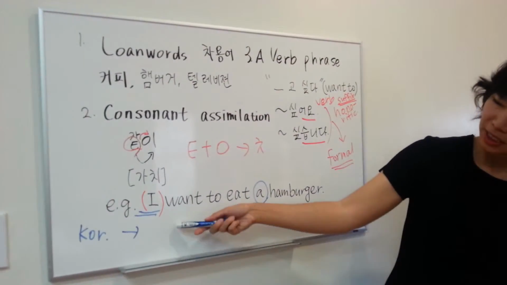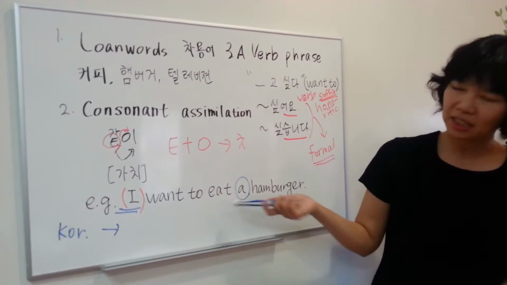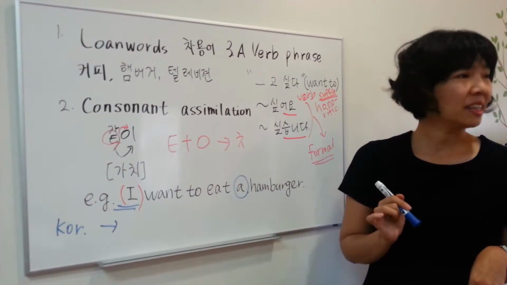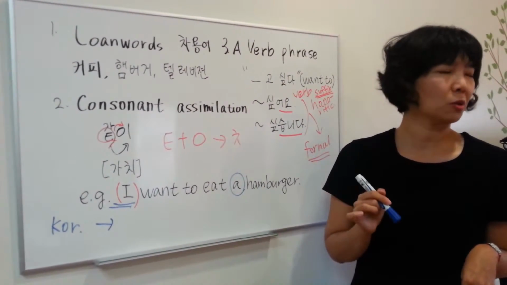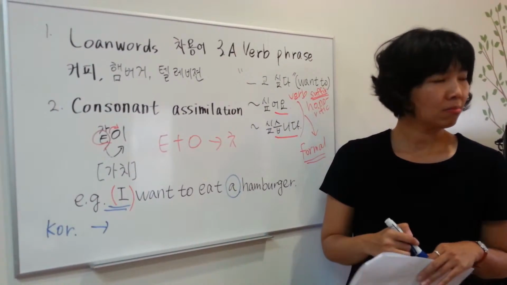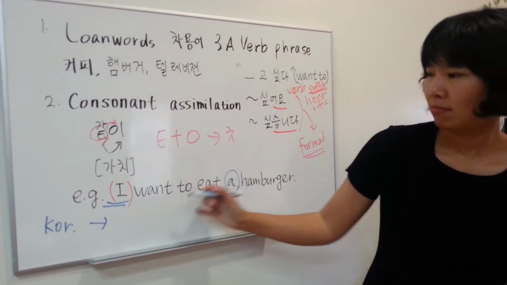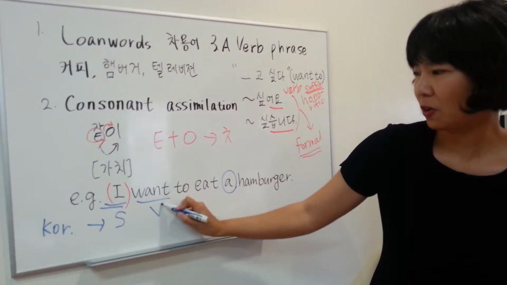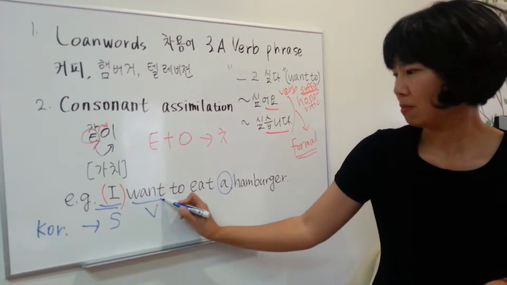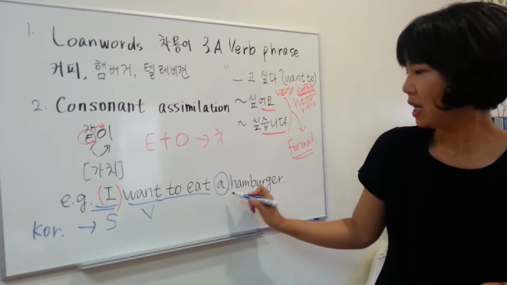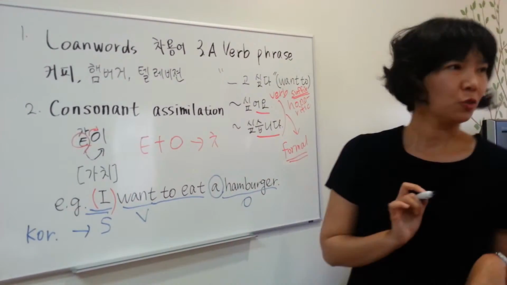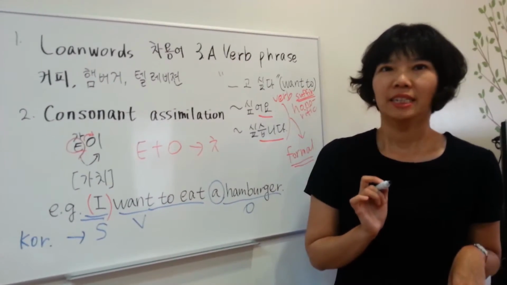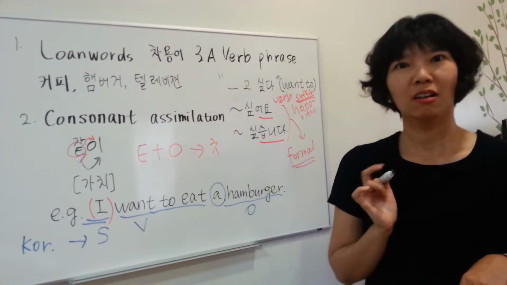And then, can you see the sentence? Does anybody know the sentence structure of the Korean language? Let's look at it. This is the subject, and this is the verb phrase in English, and this is the object. Do you know the difference about the Korean sentence structure, Sophie?